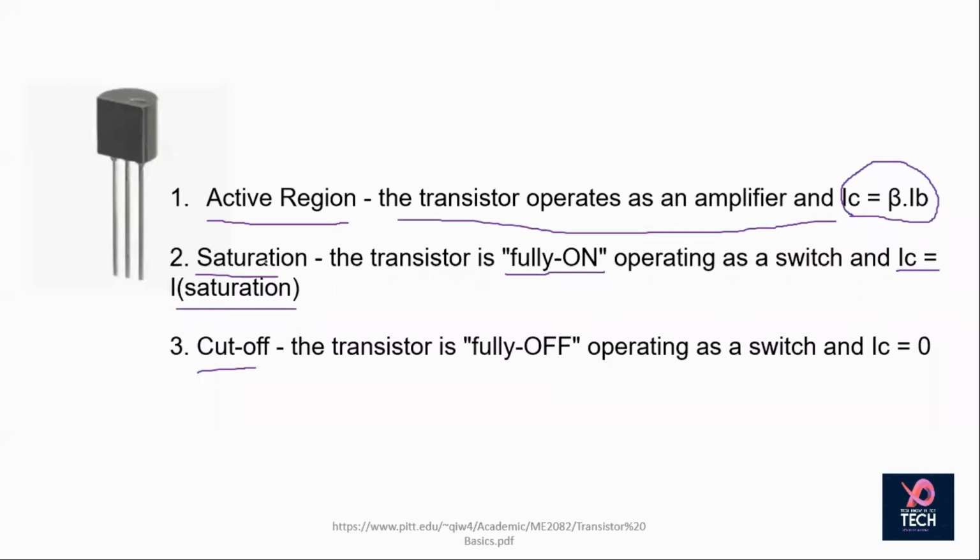Now, as far as your BJT is concerned, I'm using this term saturation repetitively. So what is saturation? I'm giving a particular example, not from electronics, so that you get a better idea. Suppose you are making some drink, maybe sharbat or something like that.